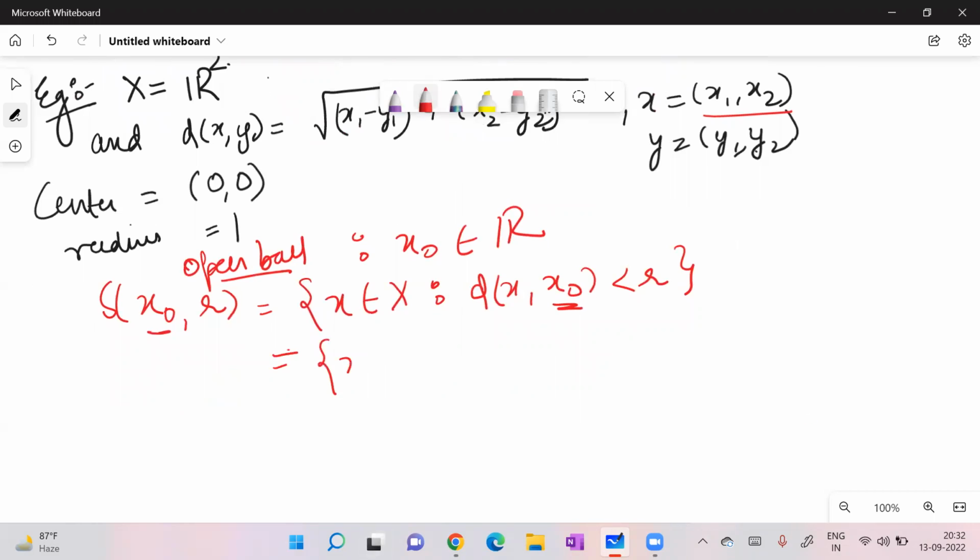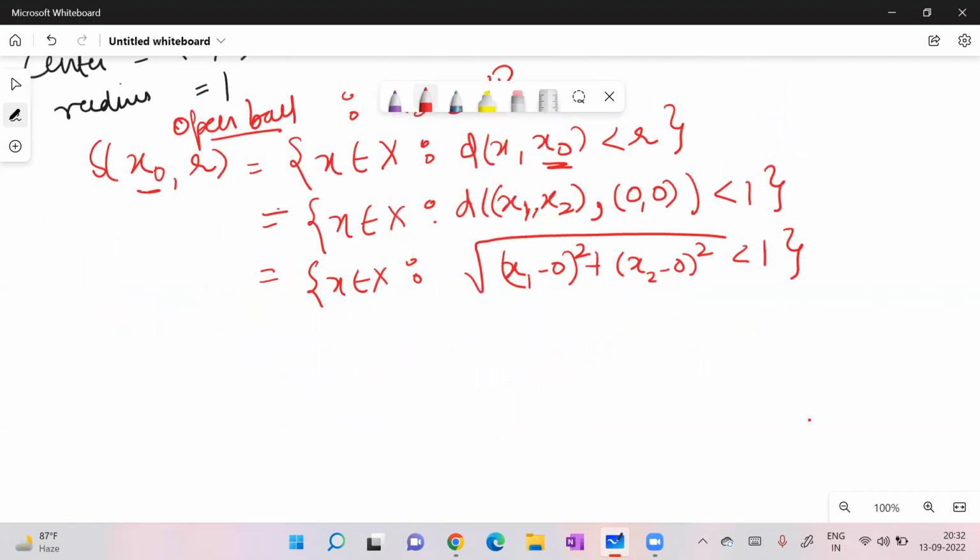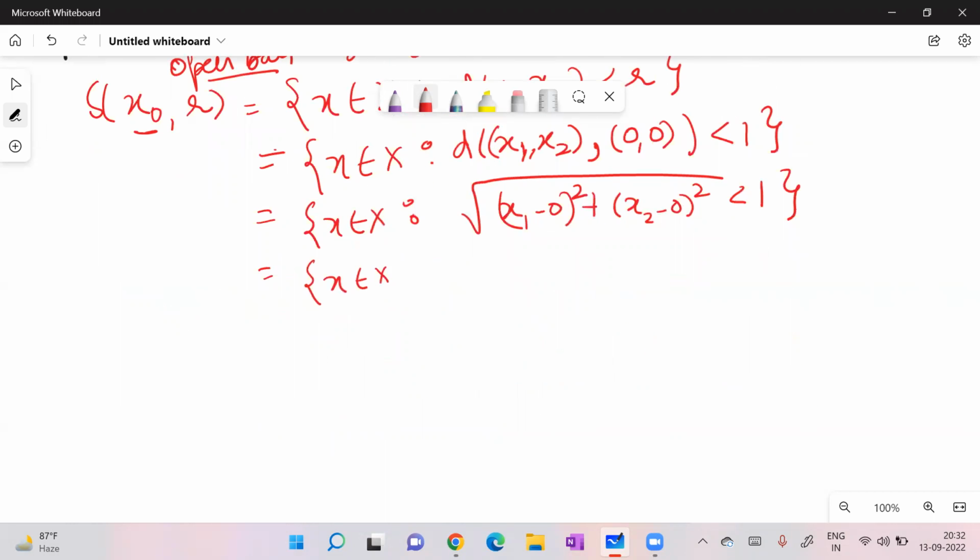So the set of all x belonging to X such that the distance between x, which is (x1, x2), and (0, 0) is strictly less than r, which is 1. So by the definition of the metric, this is the square root of (x1 minus 0) whole square plus (x2 minus 0) whole square is strictly less than 1. When we solve the inequality, we will get x1 square plus x2 square is strictly less than 1.